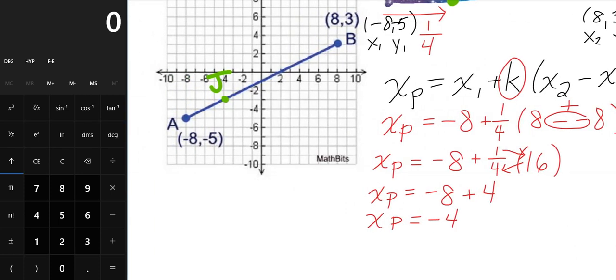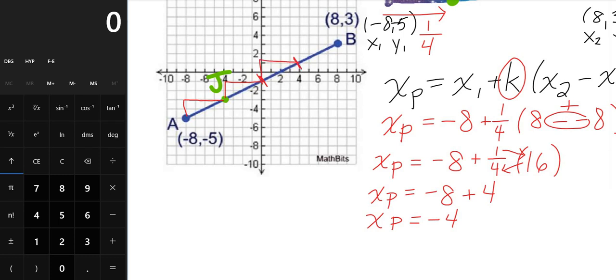I like that. Now, one thing I want to show you here is if I think about dividing this line segment into 4 even sections, I'm going up 2 and right 1, 2, 3, 4. If I go up 2 and over 4 again, I end up here. Up 2, over 4 again, I end up here.